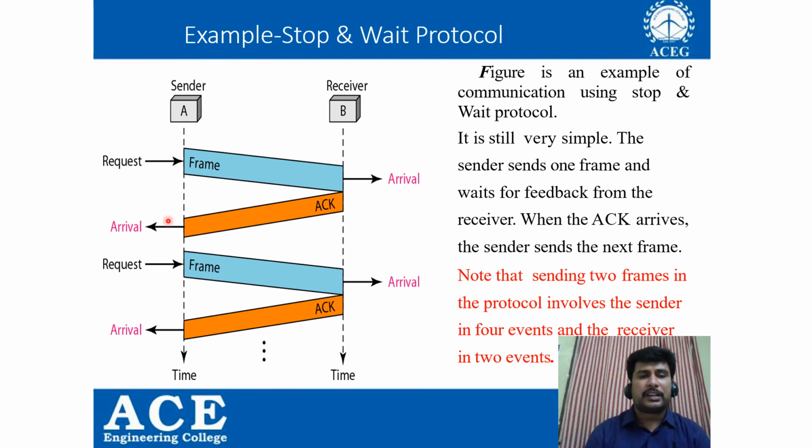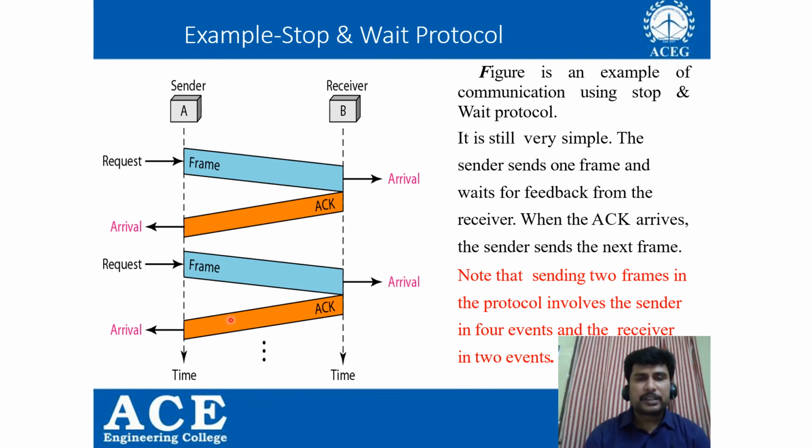So here the sender has 4 transactions in total. One is making 2 frames and sending them, and receiving the acknowledgements. And basically the receiver is generating 2 acknowledgements for the frames which have been received.